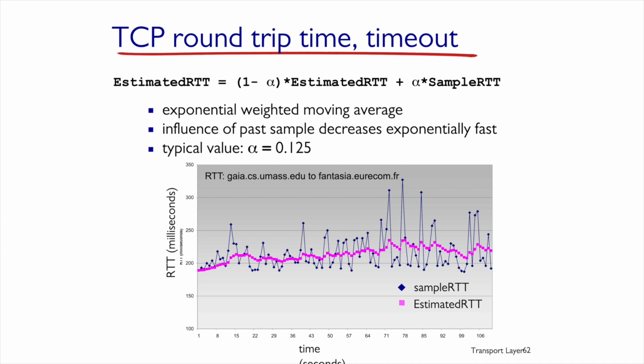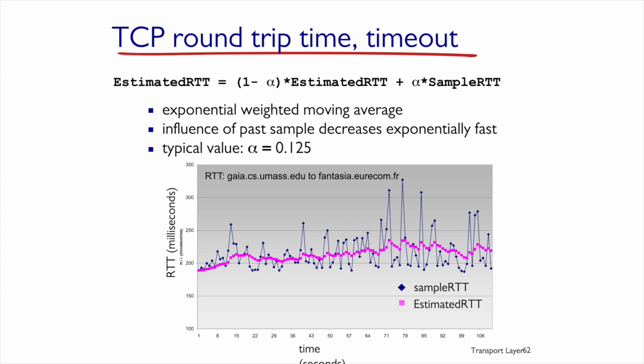Let's look at how we calculate the estimated RTT, given the estimated RTT we have on hand right now and the sample RTT we just found. We'll weight these two values with some weight alpha, chosen empirically, at 0.125.